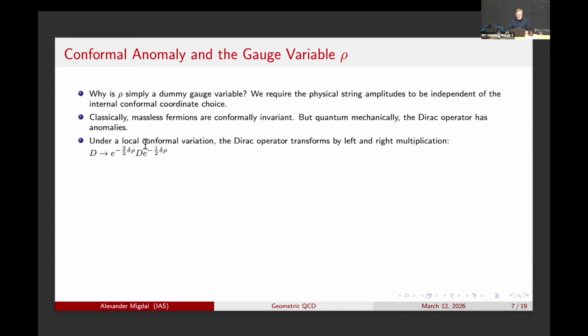You say, okay, I want to rescale the operator by these factors, e^(-3/2 rho) times e^(-1/2 rho), and naively that is what will eliminate rho from the equation by conformal transformation of coordinates, etc. But when you do that, you have to keep track of the anomaly. If you multiply the operator by a factor, then there are some zeta functions to account for the change in determinant, and also there are some terms which would involve this operator acting on this factor, because this factor depends on the coordinate.